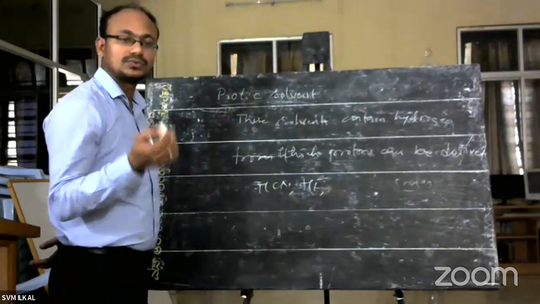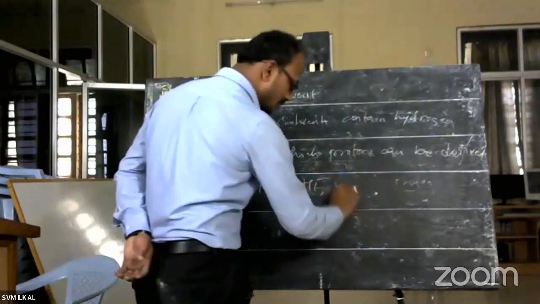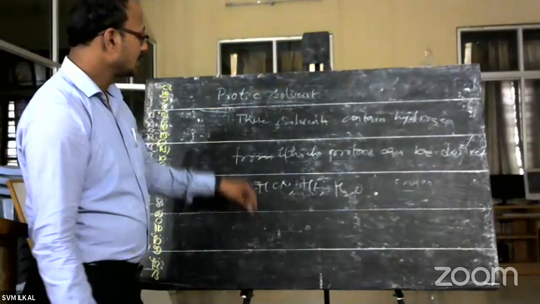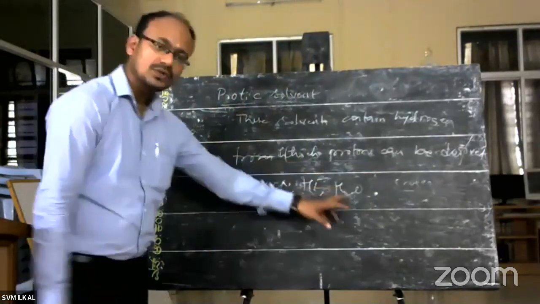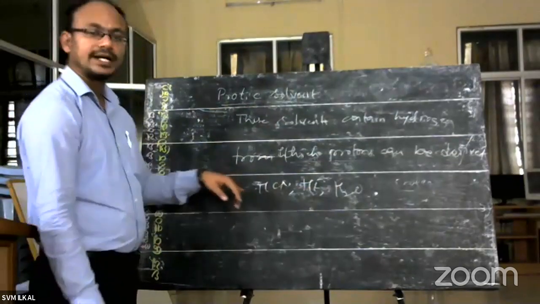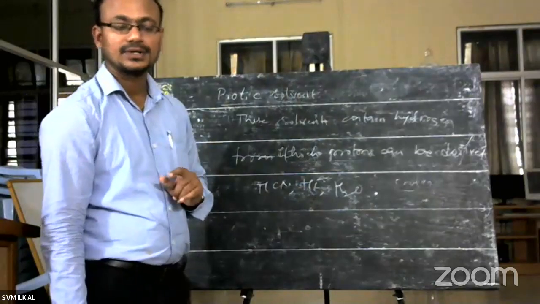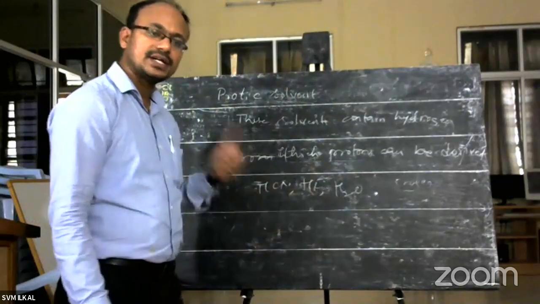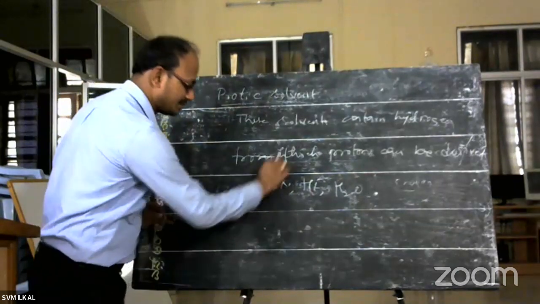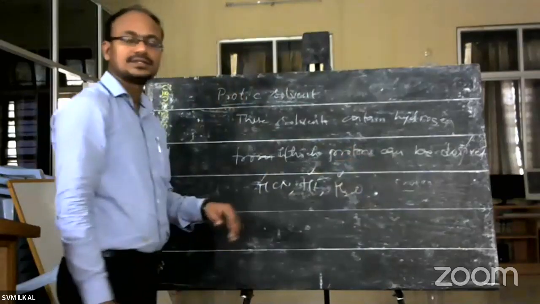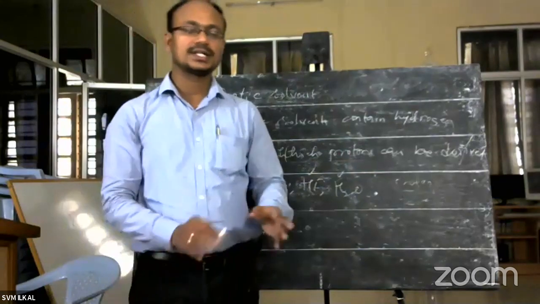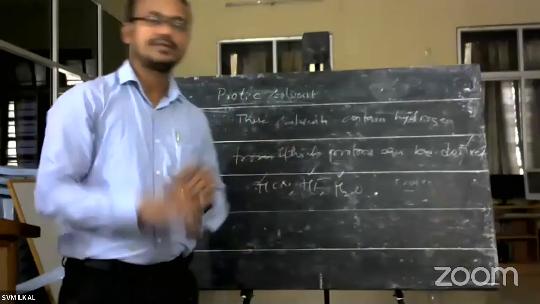Of course, why not? Water itself is a protic solvent because we are able to find the presence of hydrogen, right? So water, hydrogen fluoride and hydrogen cyanide all come under protic solvents, because in all these solvents we are able to find the presence of hydrogen. So clearly protic solvents are nothing but the solvents which contain hydrogen. Clear?